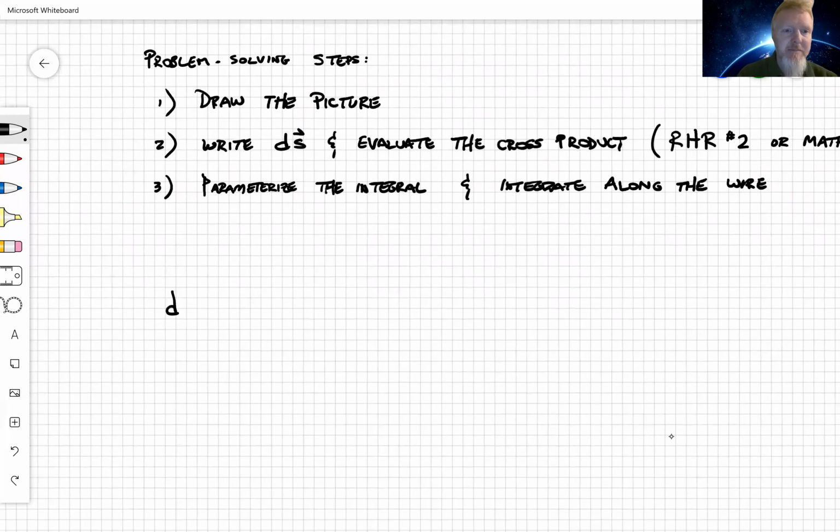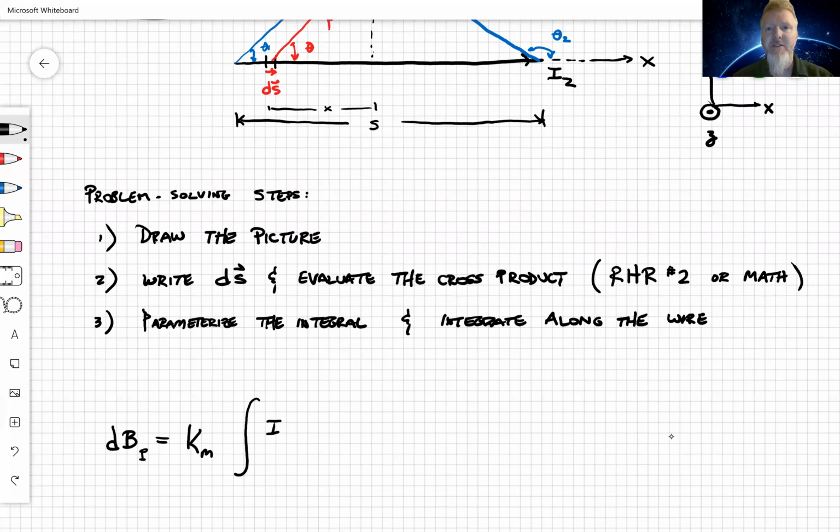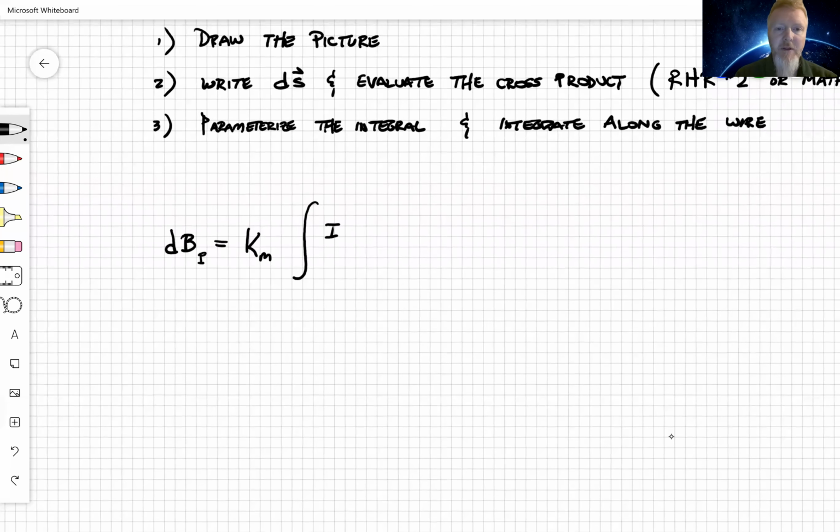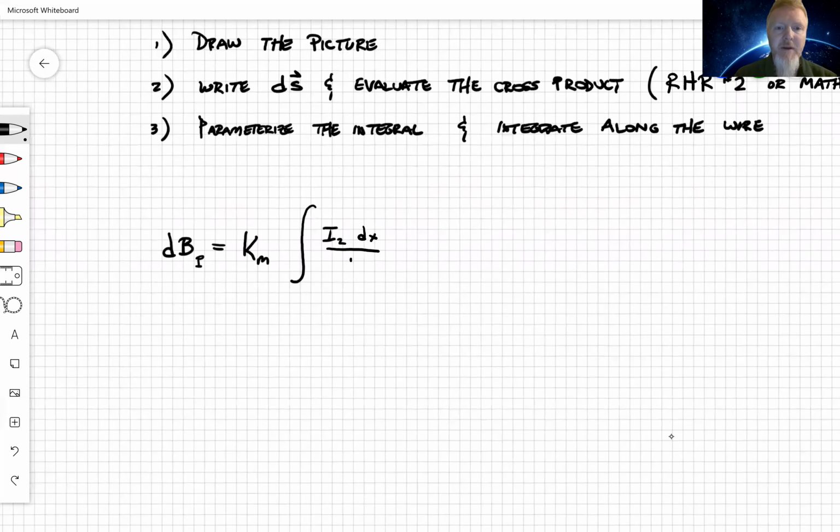So dB at point P is K, the magnetic constant, which I'll tell you what that is in a sec. I'll call it I2, times dx, divided by r squared. And then there's this I hat cross r hat. Okay, so now we're going to deal with that. I hat cross r hat. What is that?